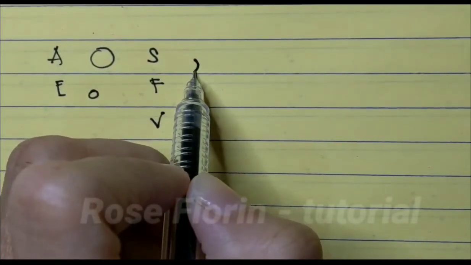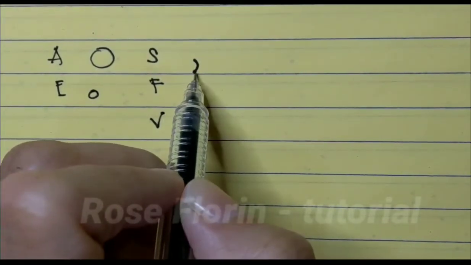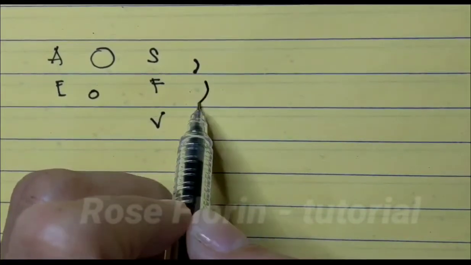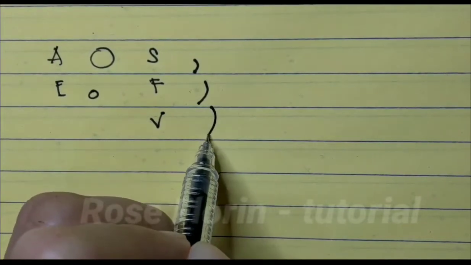This is for S. This is the right S. And then this is for letter F. Then this is for letter V.